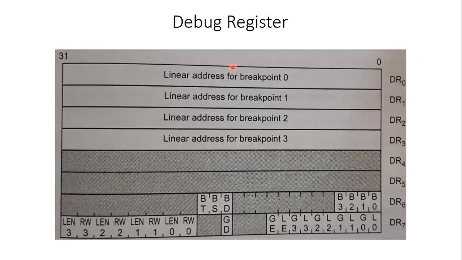So just see over here, the B0 breakpoint: when this bit is set, set means set to 1, it will refer to the linear breakpoint address from DR0. As this is 0, it will refer to DR0 and breakpoint 0.